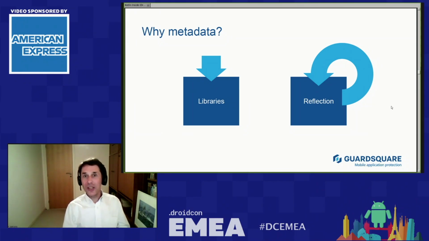So even though all of the information is there, there needs to be some metadata that ties all of this together to properly use it in the Kotlin compiler. And the other use case is reflection in your own code. And I'll talk about some examples in later slides.